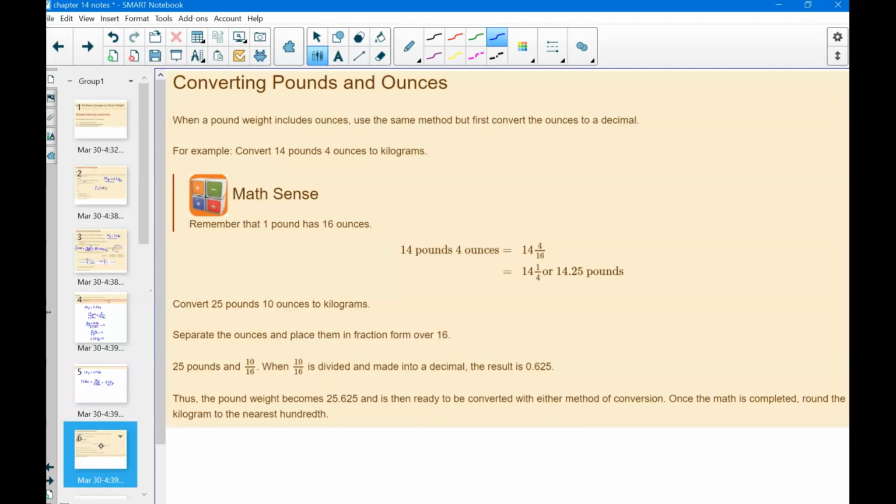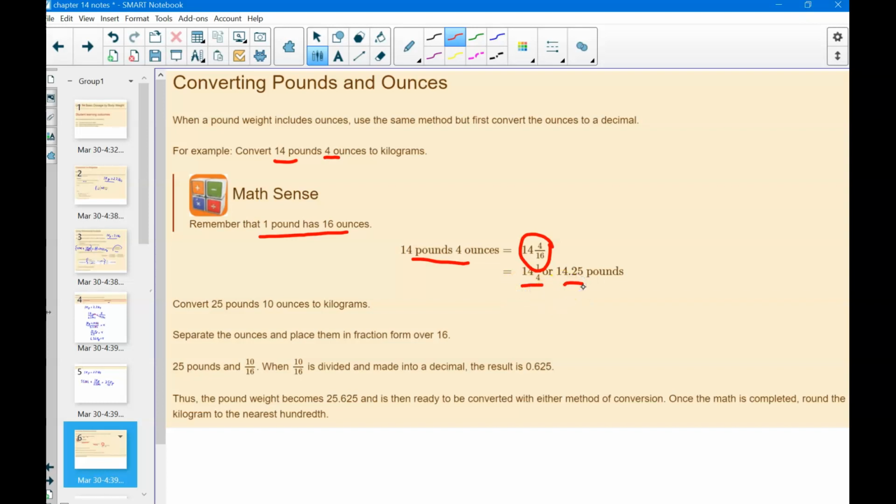Now, converting pounds to ounces. This is, again, not a really big deal, because all we need to know right here is 1 pound is 16 ounces. So if we see 14 pounds, 4 ounces, that's actually 14 and 4 out of 16. They reduce it to 1/4, now 14.25.